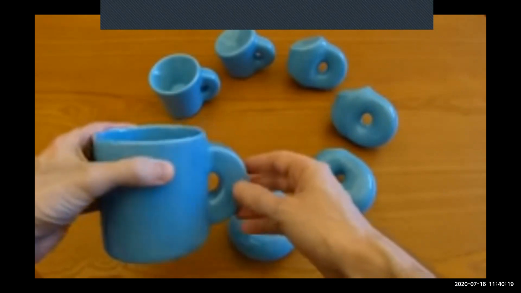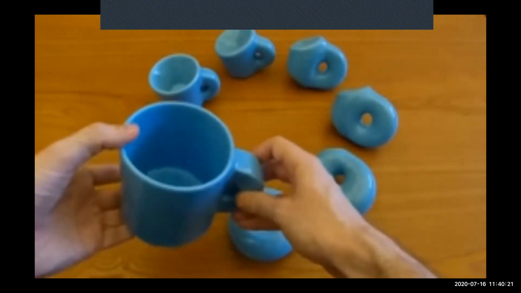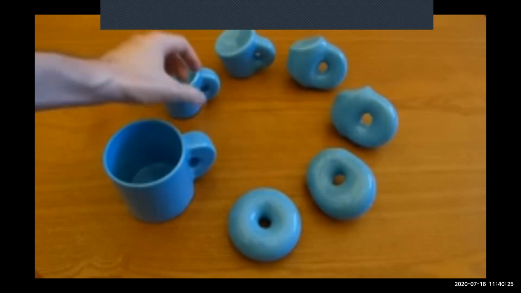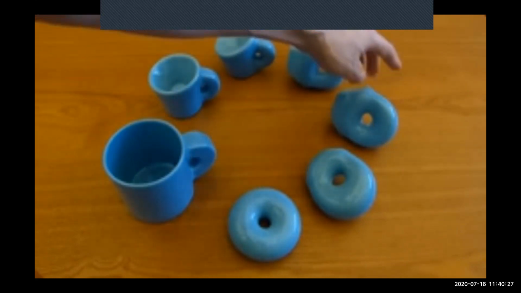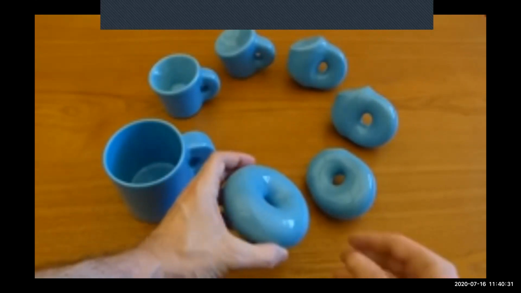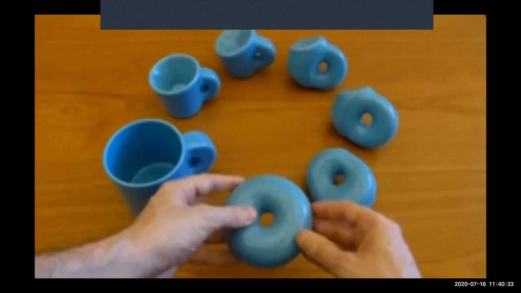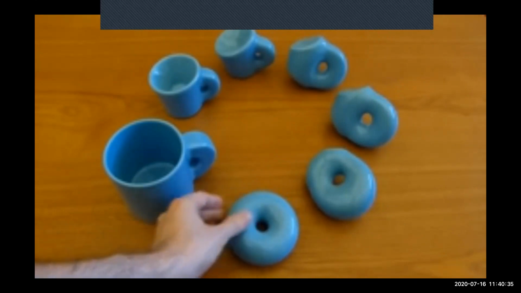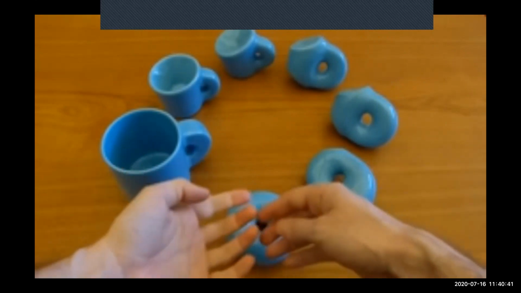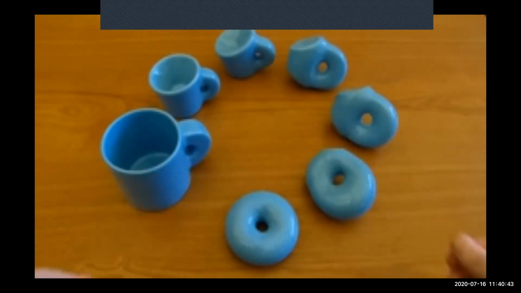In particular, that means that if you take a coffee mug, you can sort of unindent the place where the coffee goes, and you can squish out the handle a little bit, and eventually you can deform it into this perfectly symmetrical round donut shape. So, as the joke goes, the topologist doesn't know the difference between these because in the study of topology you don't care about any of these actual geometrical shapes of these different objects.